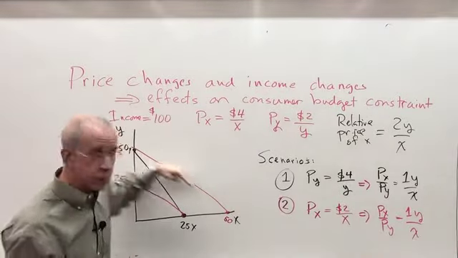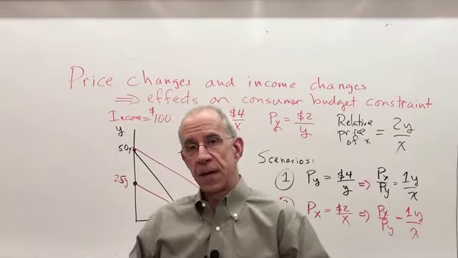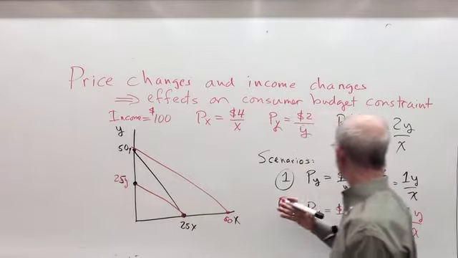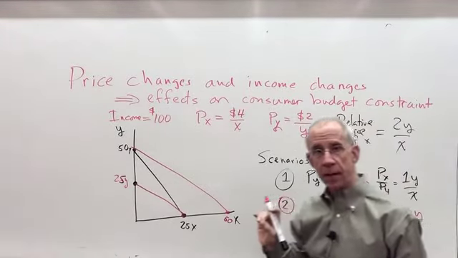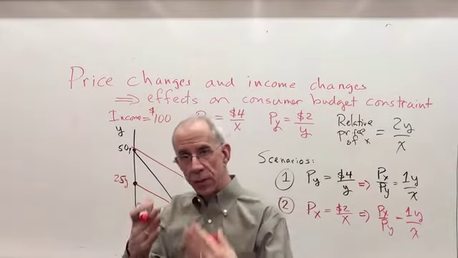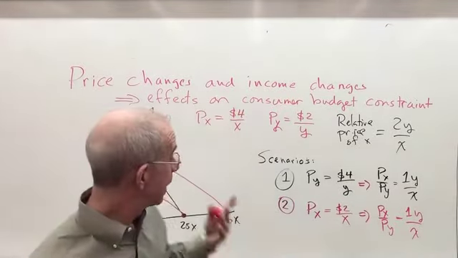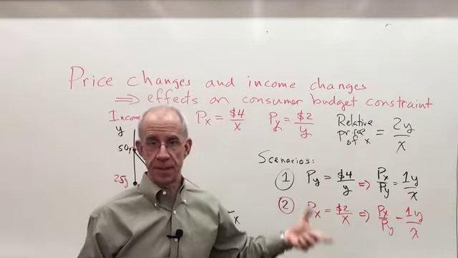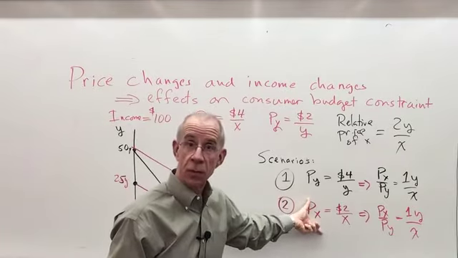So both of these red lines have the same slope, but there's effectively different levels of income because one involves the increase in the price of Y, which diminishes consumers' ability to buy, and the other effectively increases the ability to buy because the price of X went down.